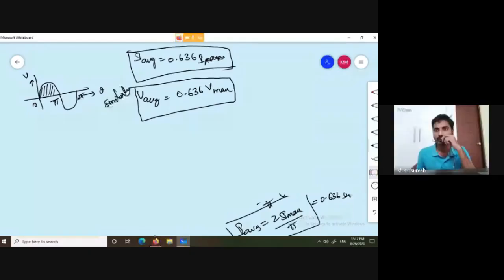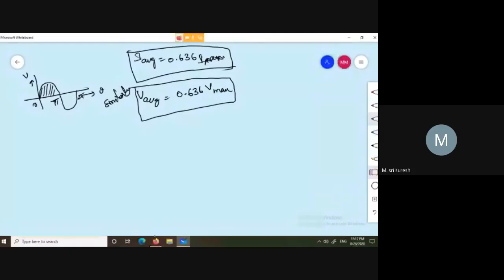Now we'll see about the RMS value, root mean square value of an alternating quantity. RMS value means root mean square value.